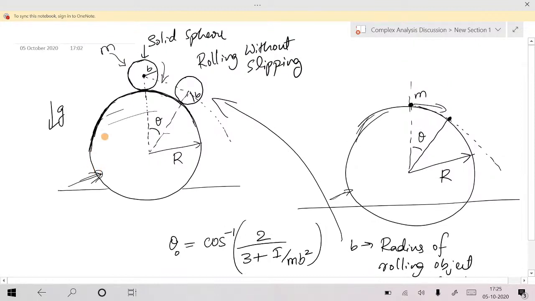It doesn't matter; the mass of the big sphere doesn't matter. This big sphere is giving only the surface. It is only offering a constraint, so that it should not fall like this; it should roll like this only.